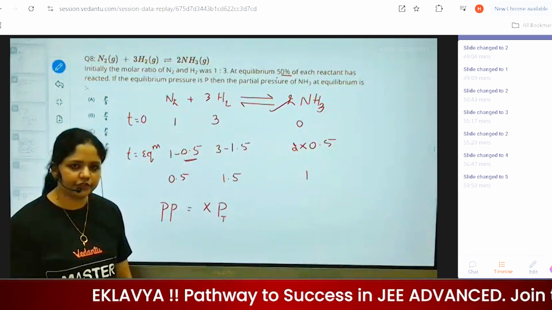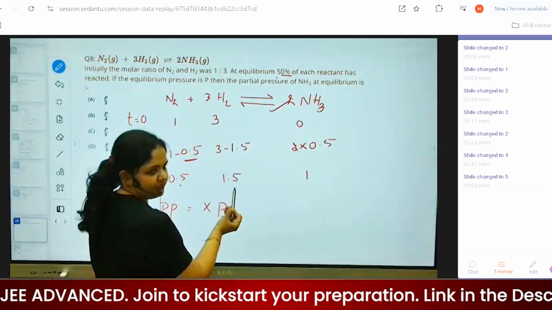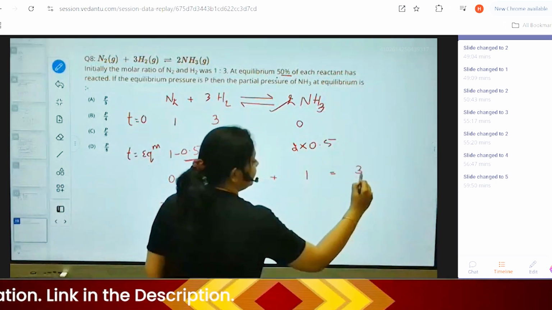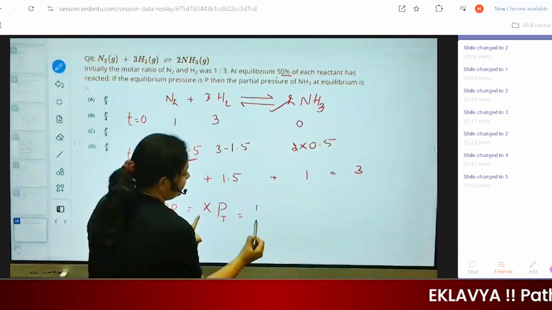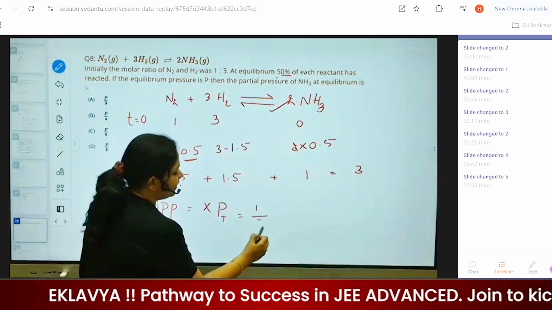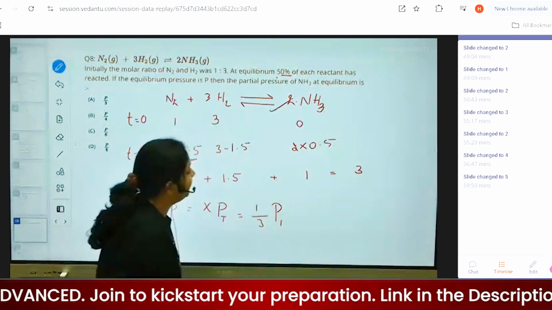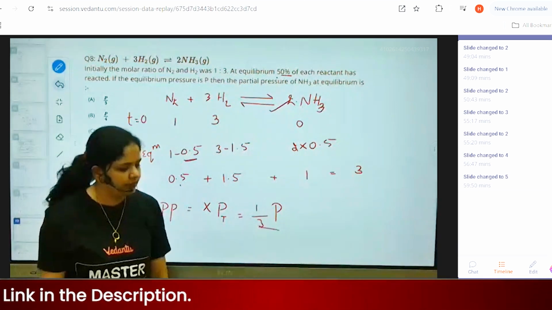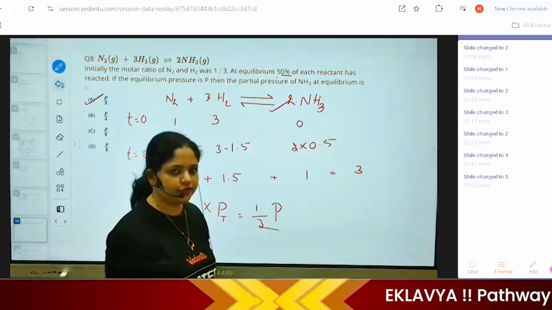First calculate total moles: 0.5 plus 1.5 plus 1, which is 3 moles. So the mole fraction is 1 divided by 3, since we have to calculate for ammonia. Total pressure is P, as given. So the answer is P by 3, option A. I hope it is clear to you all.